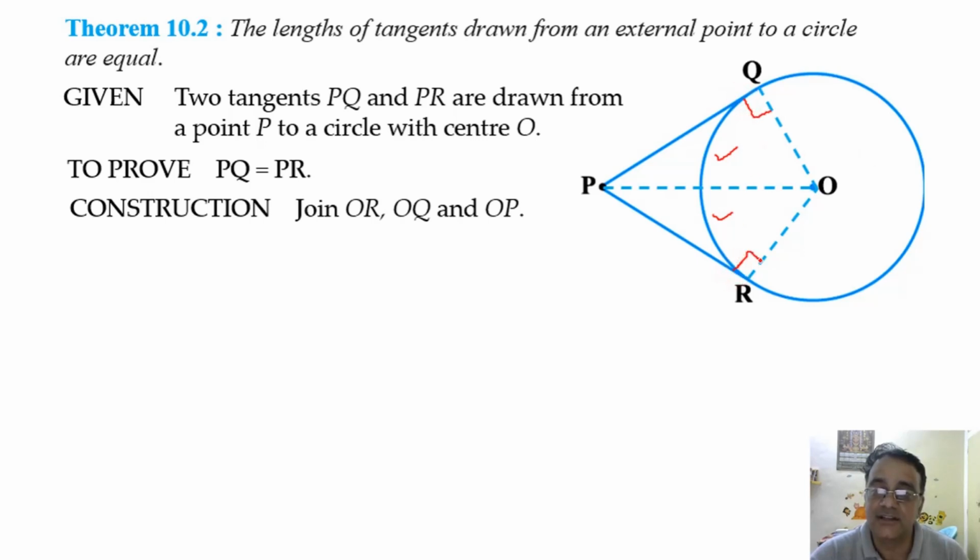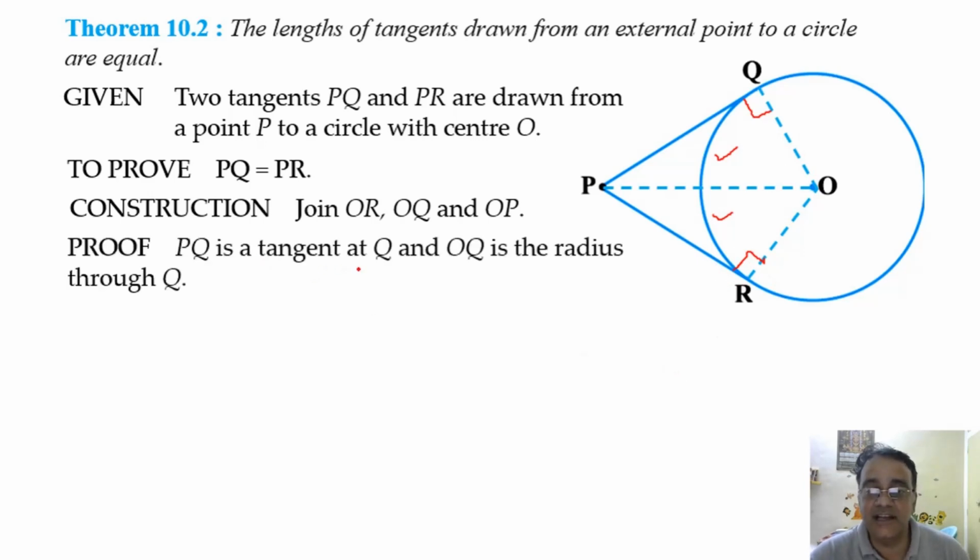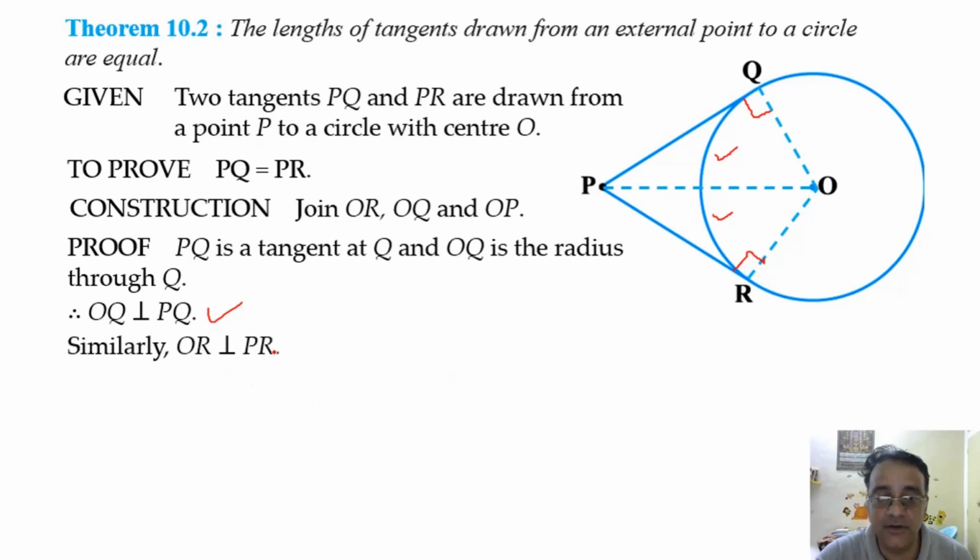I mean to say these 2 are perpendiculars. So how? PQ is a tangent at Q and OQ is the radius through Q, and we know that the tangent is perpendicular to the radius. So therefore OQ is perpendicular to PQ. Any doubt in this one? No, sir. Similarly, OR is perpendicular to PR.